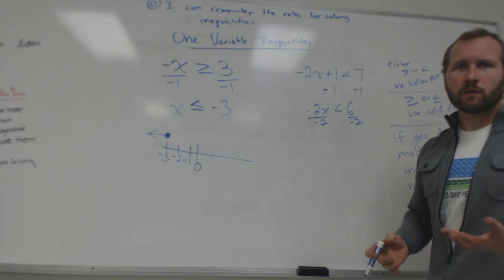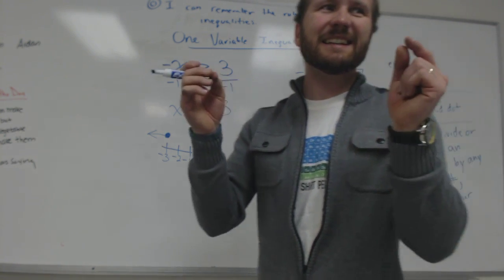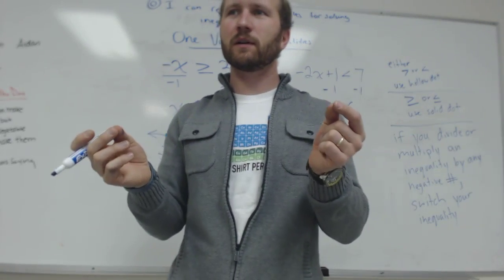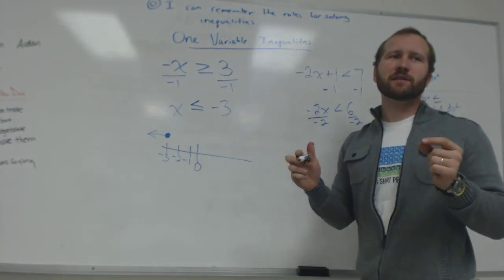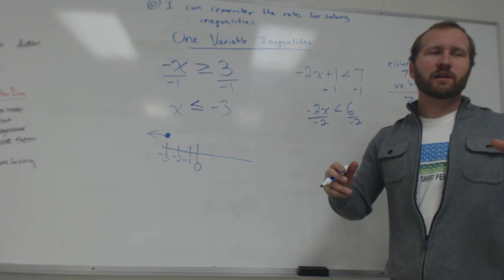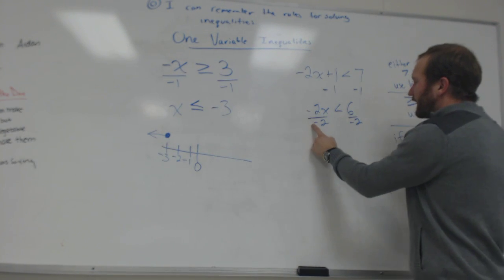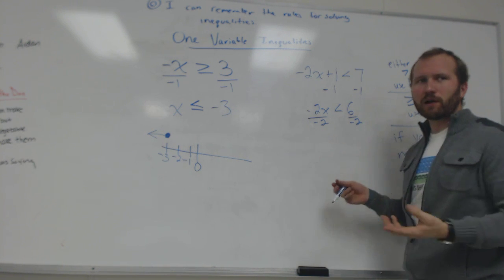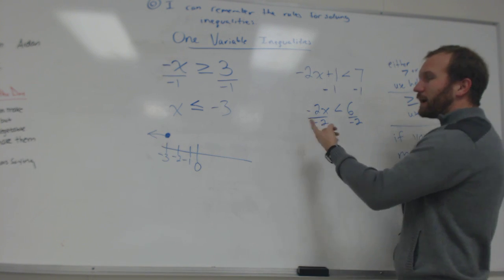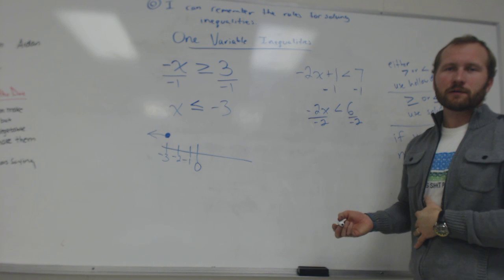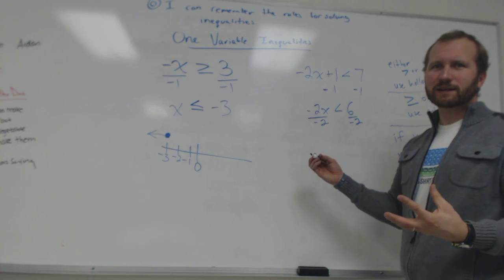Whoa! What did I just say? Divide by -2. Whenever you hear yourself saying divide by negative, you have to just stop in your brain and go, whoa, I'm dividing by a negative. Or if you're multiplying by a negative, I'm multiplying by a negative. Why do we have to make such a big deal out of this?